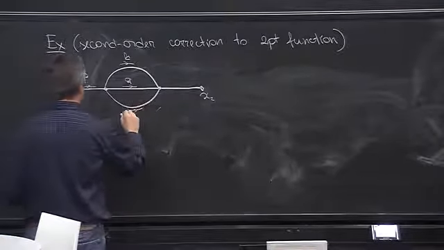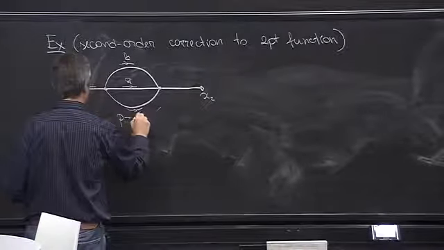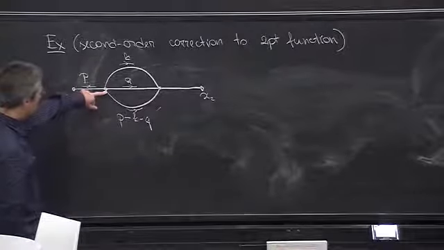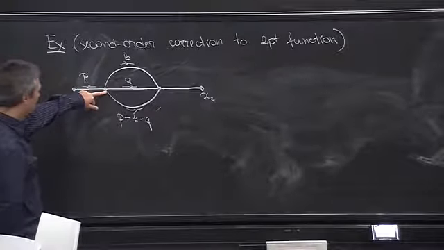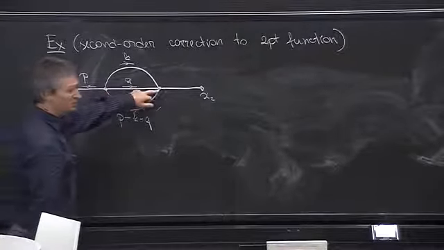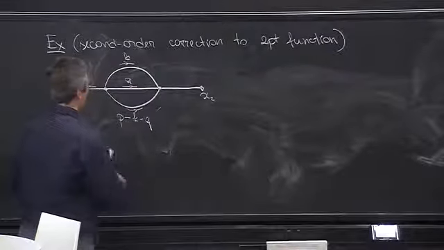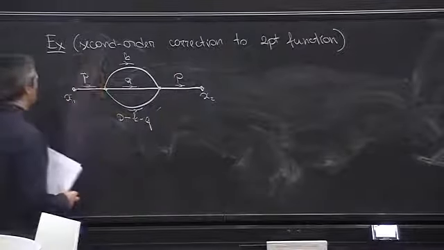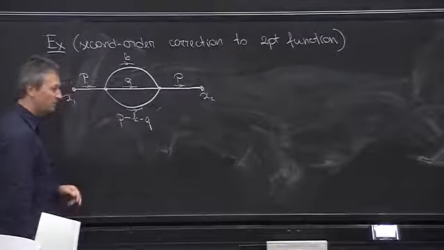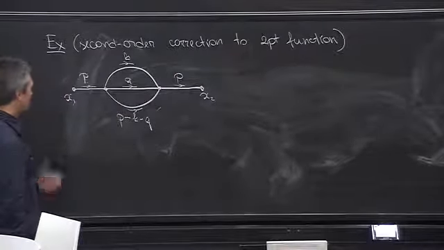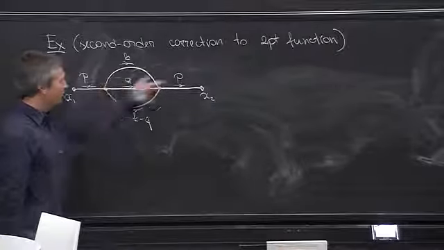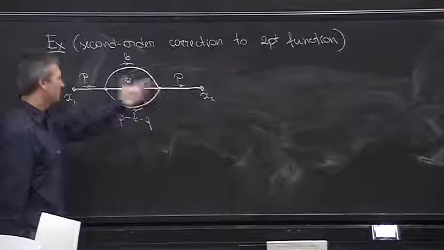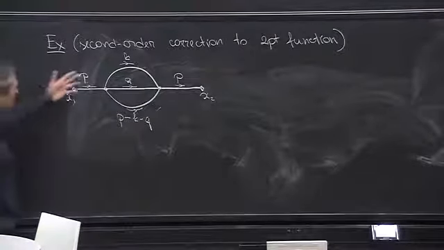So the momentum going here must be equal to P minus K minus Q, so that at this vertex the momentum is conserved. At the other vertex, momentum conservation then unambiguously determines the momentum over there. And the momentum flowing through the whole diagram is just one momentum, not two.